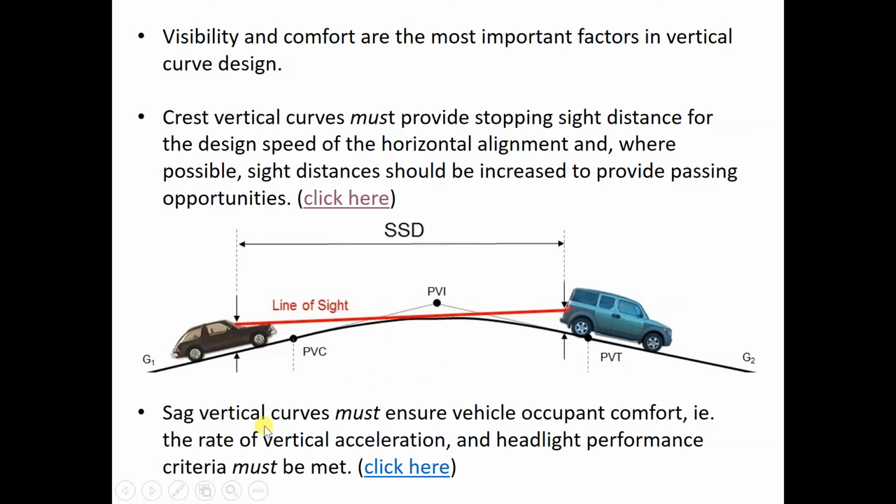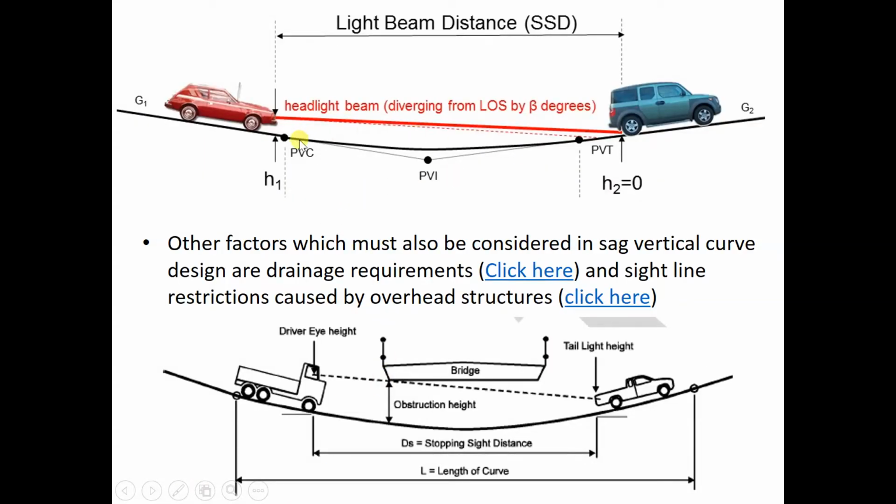Okay, vertical curve must ensure vehicle occupants' comfort, i.e. the rate of vertical acceleration, and the headlight performance criteria must be met. So the sag curve, which is like this, you have no problem seeing what is coming from the opposite direction.